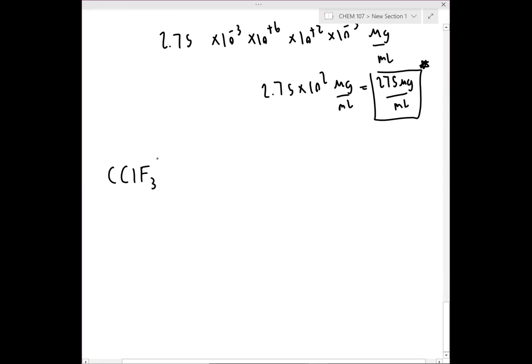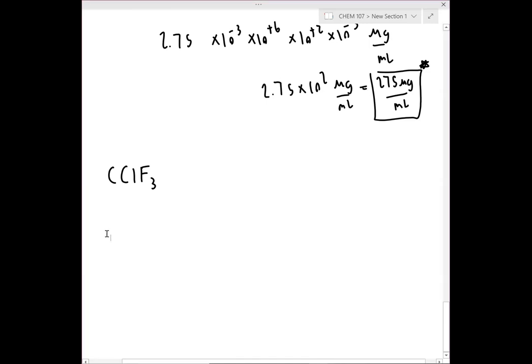First we're asked to draw a Lewis structure. In question 43, we also identify the molecular geometry, the bond angles, and then identify whether the molecule itself is polar. Okay, so let's execute on that assignment.